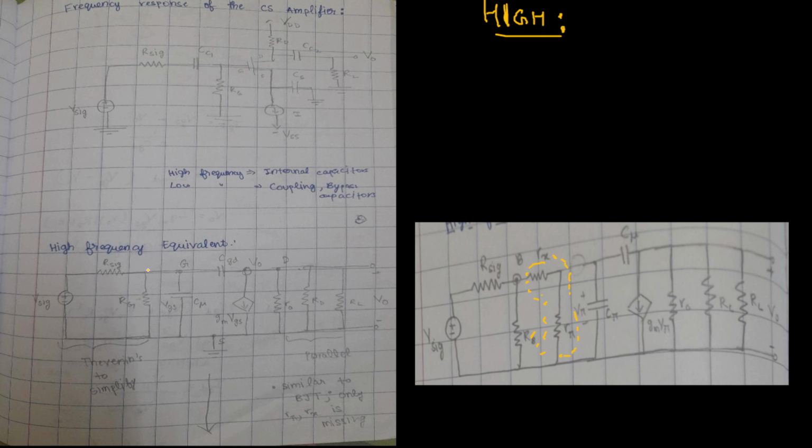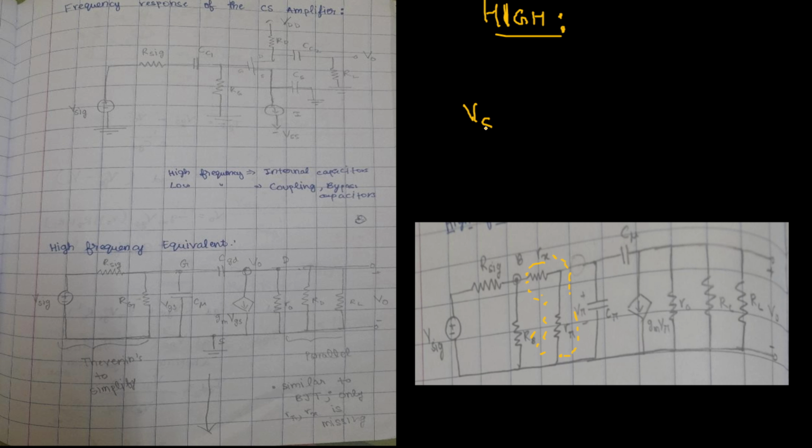The R signal and V signal are not a part of the transistor, but are the external attachment. Obviously these three are very easy to simplify, because we just take three resistors in parallel and calculate the equivalent resistance. For the left hand side, we just have to use Thevenin's.